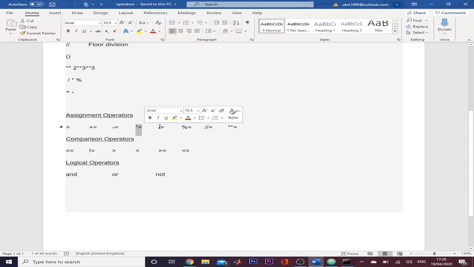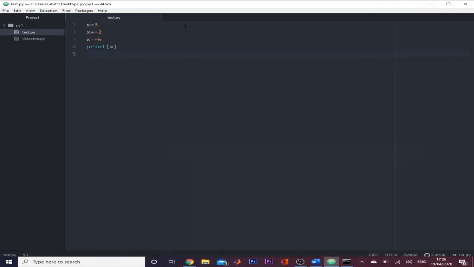Similarly for multiplication, division, modulus, floor division and power, all these operators work in the same manner. Here if I use the power operator and here I use the division operator, what it will do is that first of all the value of x is 3.